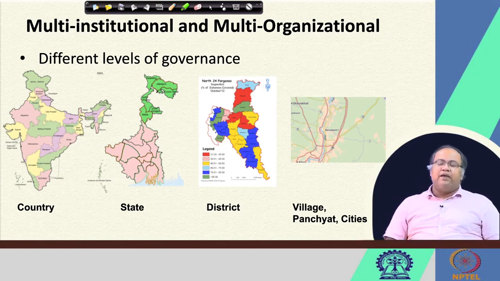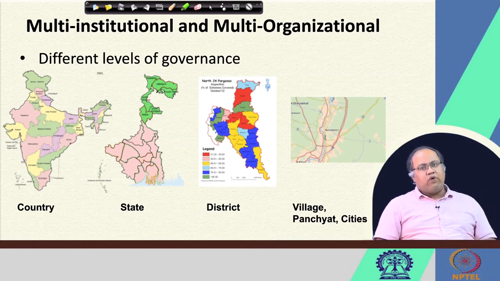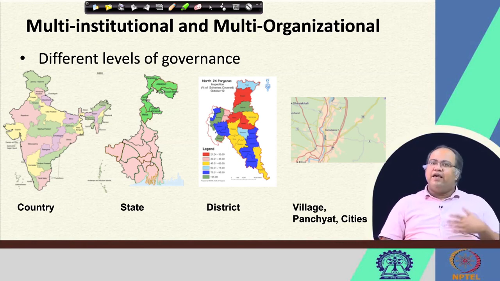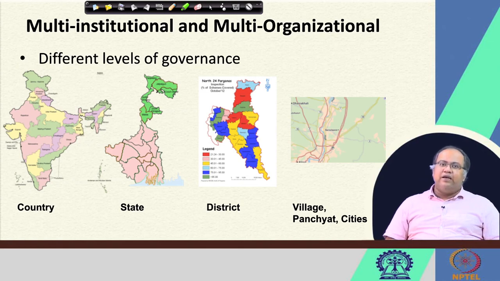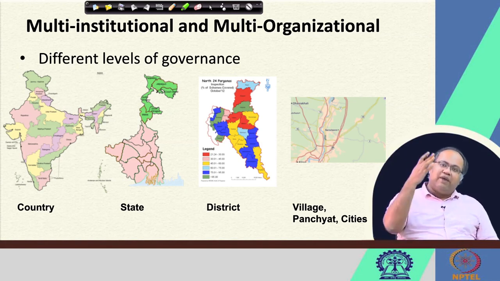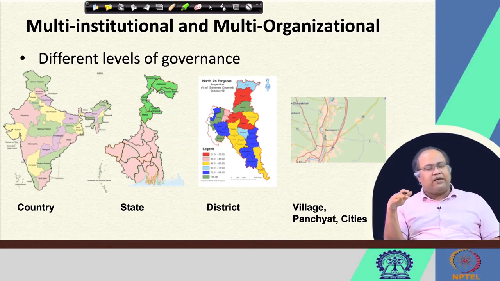We have the central government which has its own duties and responsibilities, then every state has its own government, and under that state government there are the different districts, and every district also has the district level administration, and then come the villages, the panchayats, the cities, which have their own governance to handle the day-to-day activities of their people and so on. So, that way we have a clearly demarcated hierarchy of governance.